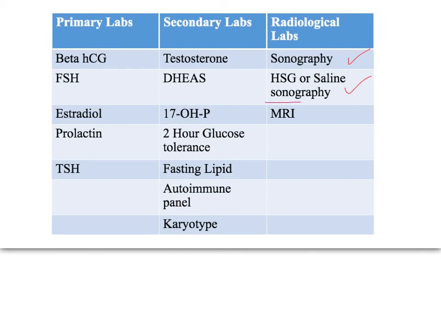And then MRI's the big dog, because it can look both at Mullerian anomalies as well as the hypothalamic pituitary axis, seeing, hey, is the pituitary even there? Is the hypothalamus going all right? Did they get damaged? Or do they have a tumor there? Those kind of things. So you can also have anatomical problems with the hypothalamus and pituitary.